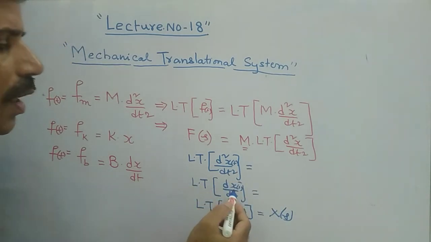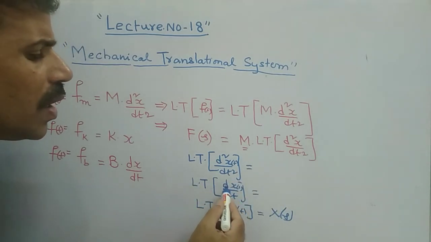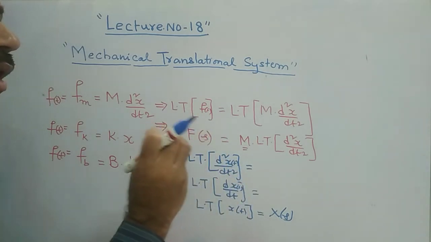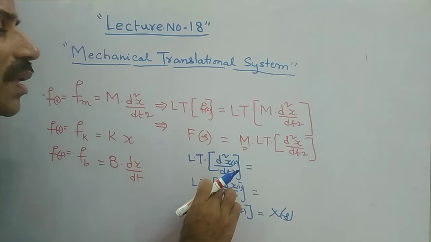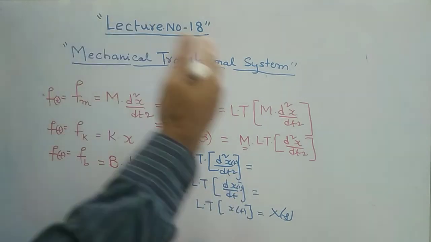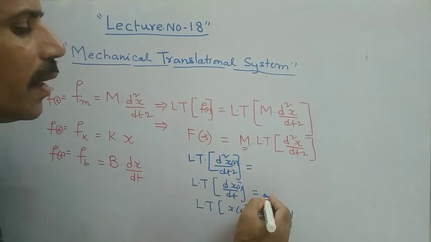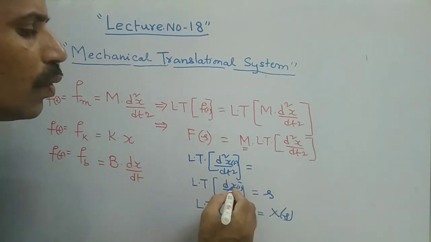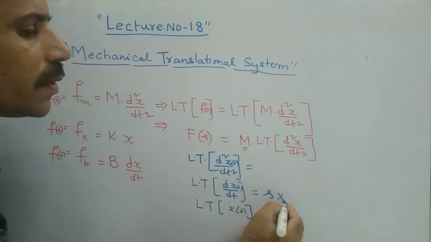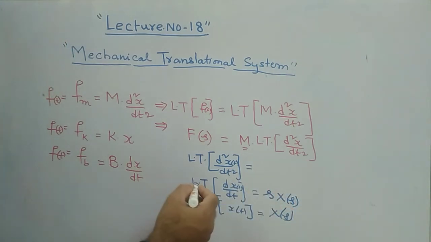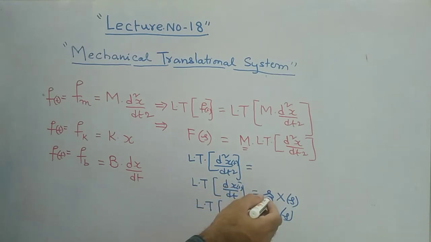This is the first derivative. Remember that if you have one d by dt and you apply the Laplace transformation, then after the Laplace transformation one d by dt is equivalent to one s basically. S into this x of t becomes x of s. Is it not? So d by dt of x of t is nothing but s into x of s.